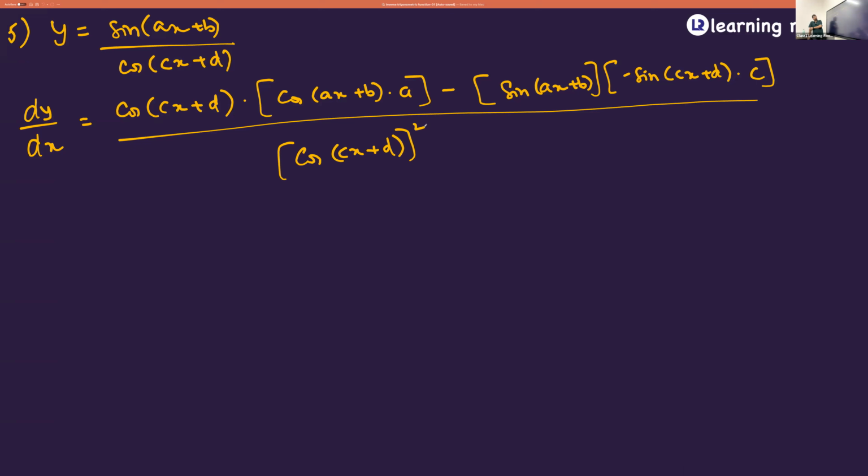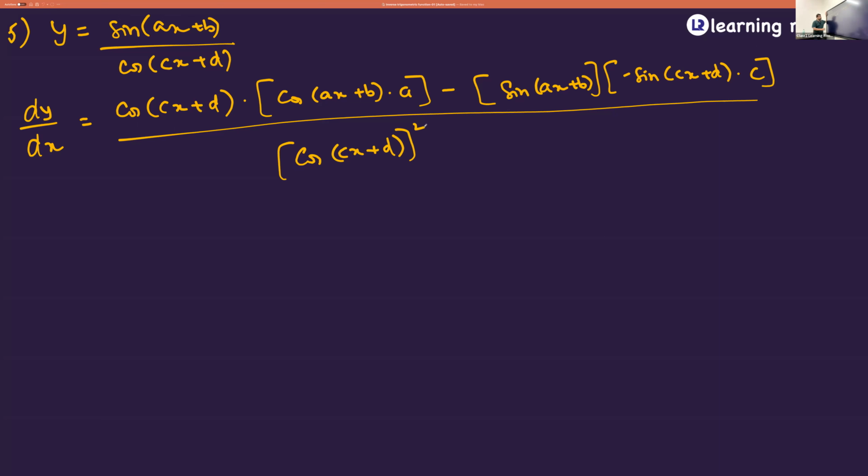Right? Is there anything we can do with this? Nothing, no? There is no common term. That minus you can take out, and it will become plus. But you will have to do it with each term separately.